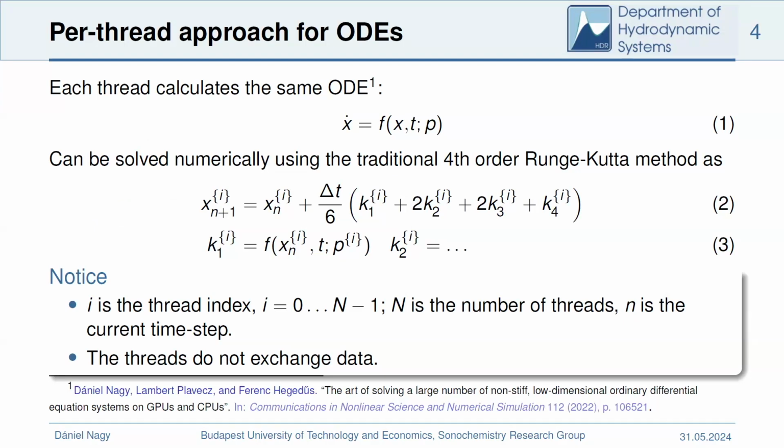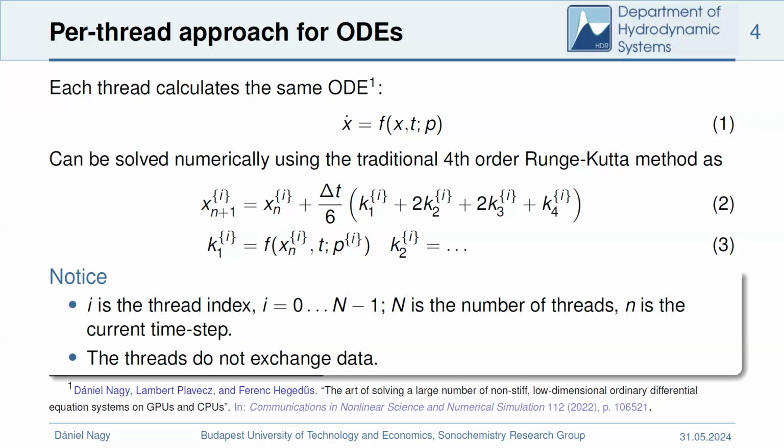First, how do we solve differential equations on GPUs and why? So we have an ordinary differential equation here: the derivative of x is equal to a function of the state x, the time t, and of course a parameter or vector of parameters p. Why do we do this?